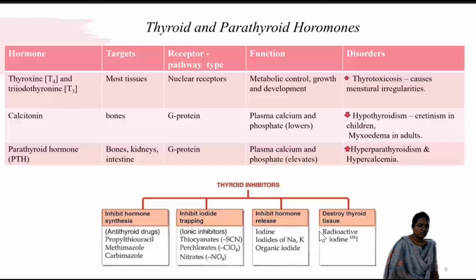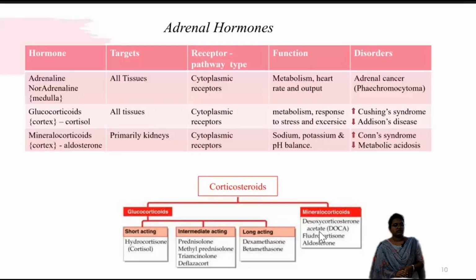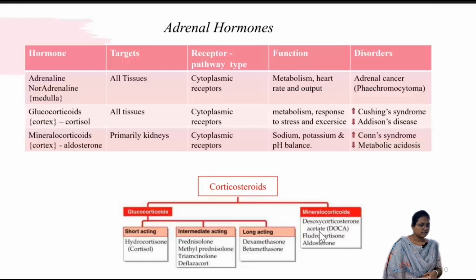Coming to adrenal hormones, these are the adrenal hormones. The adrenal gland is of two parts, medulla and cortex. From the medulla, adrenaline and noradrenaline are released, whereas glucocorticoids and mineralocorticoids are released from the cortex, and the targets are mentioned there.